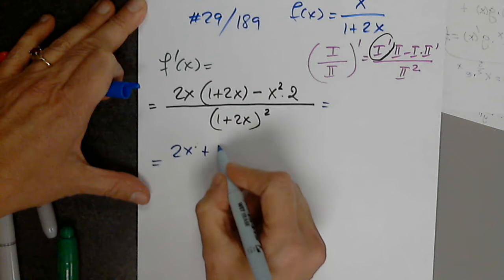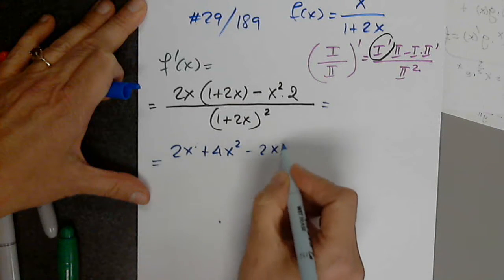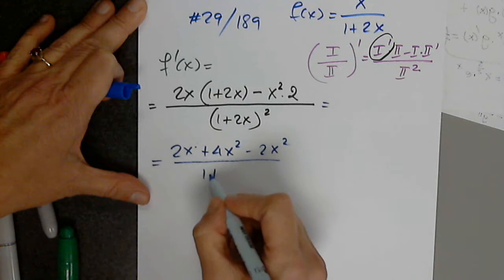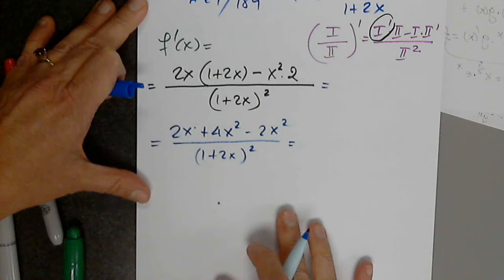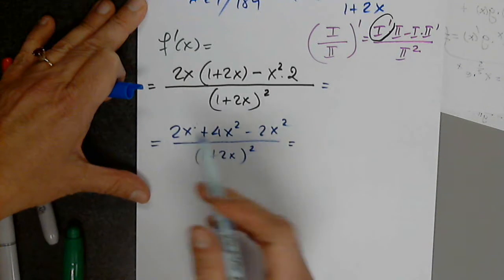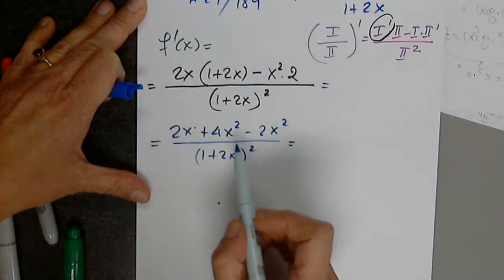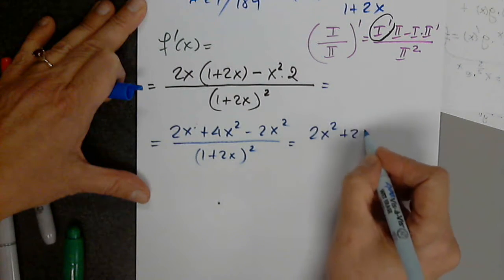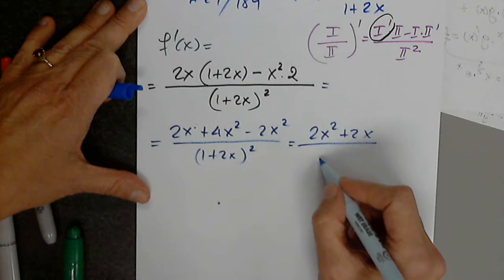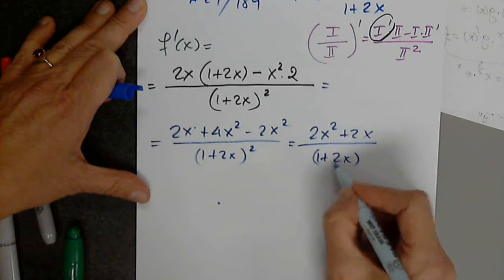So 2x plus 4x squared minus 2x squared over 1 plus 2x, everything squared. Now I have to combine like terms. So 4x squared minus 2x squared is 2x squared plus 2x divided by 1 plus 2x squared.